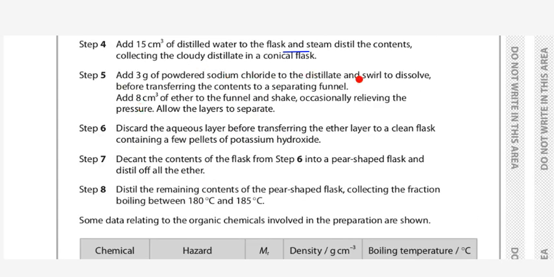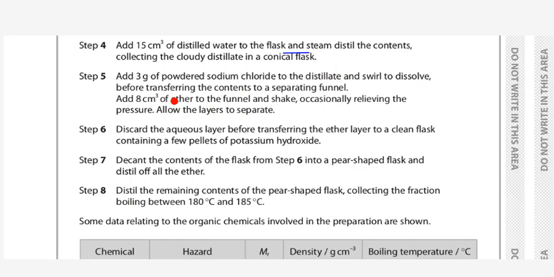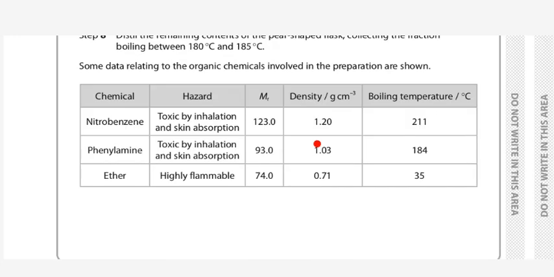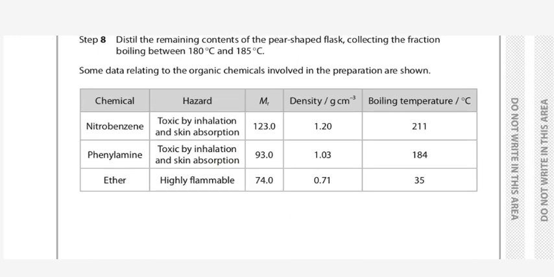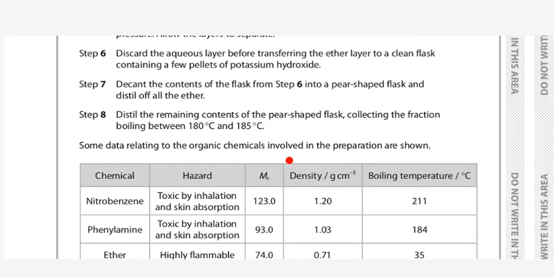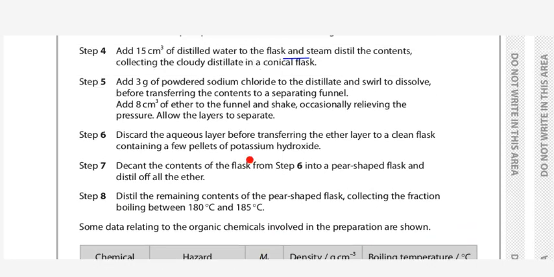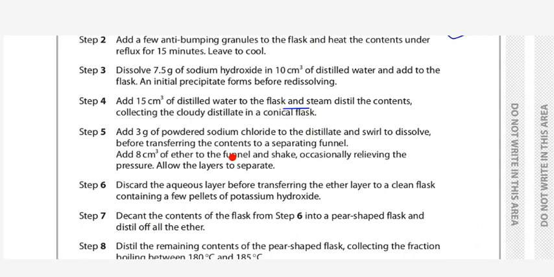Ether is added, shaking the funnel and occasionally relieving the pressure. So ether is there. Ether is the organic layer, because the organic substance will go to the ether, right? So you don't have the phenylamine; phenylamine is produced at the last stage. So you have the organic substance dissolved in the ether.